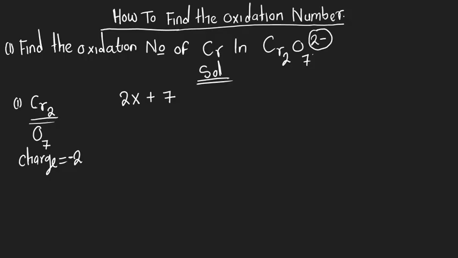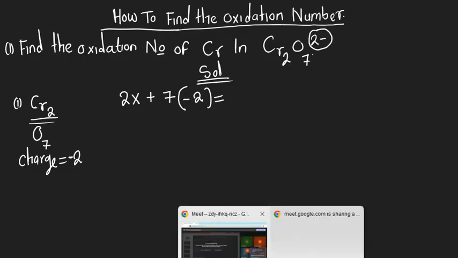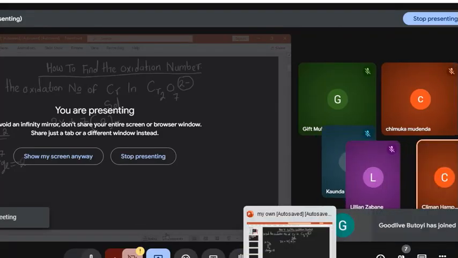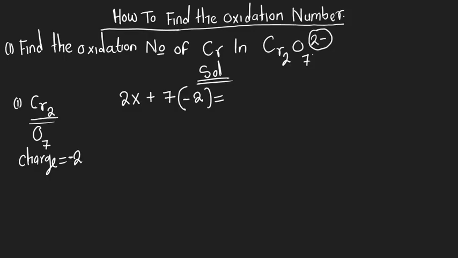7. So inside here, you are going to put the charge of oxygen, -2. Then at the far end there, you still put the charge of the ion and say -2.